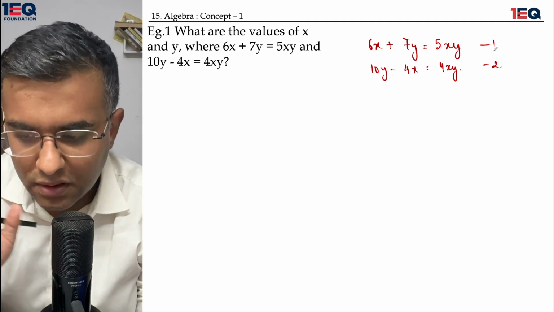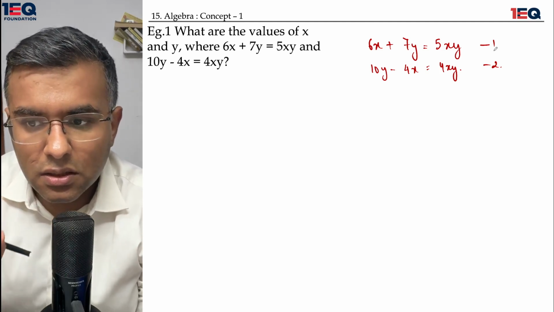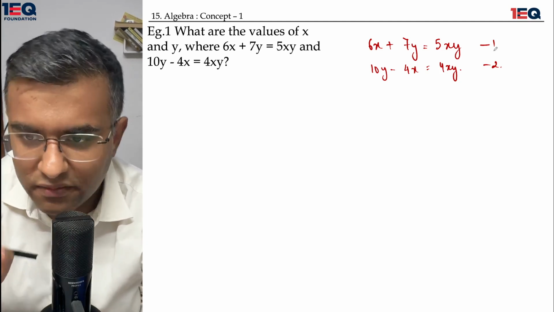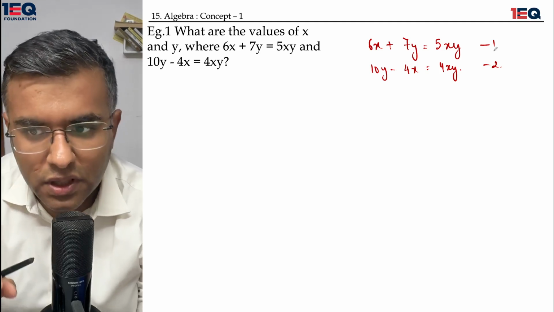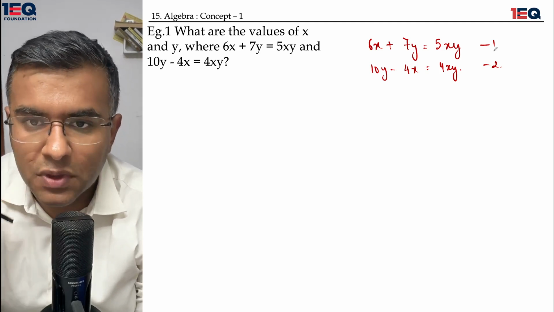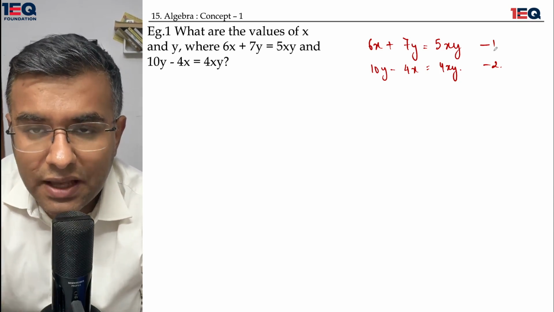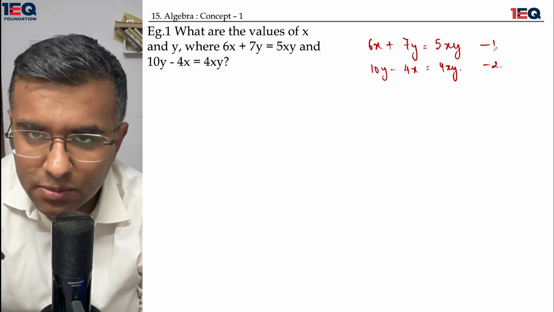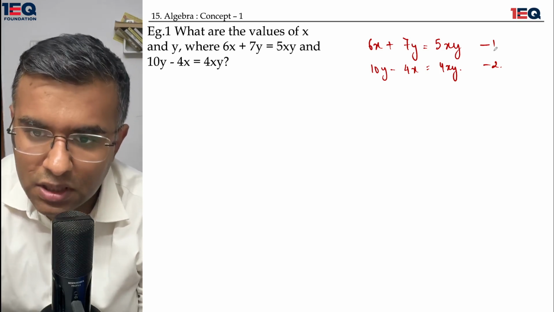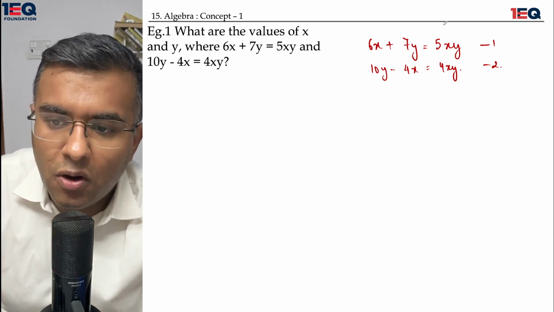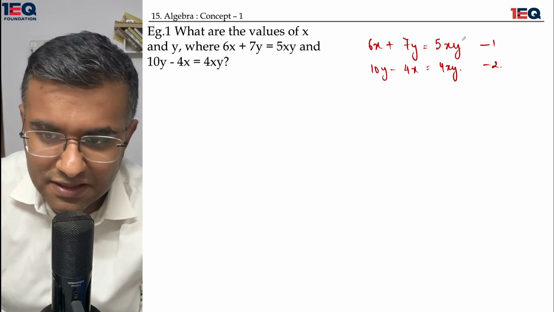We have learned in the previous slide that the number of equations should be equal to or greater than the number of variables. We have two equations over here and we also have two variables. The only problem which I see in this equation is that the xy, the variables which are getting multiplied, can produce a third variable. So to avoid that, I need to break up the relationship of multiplication between x and y.